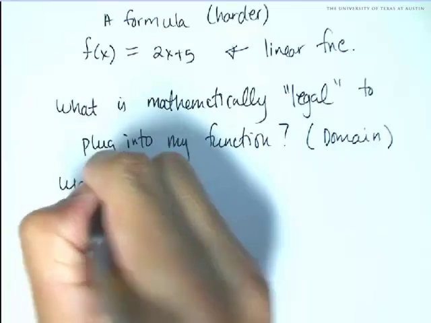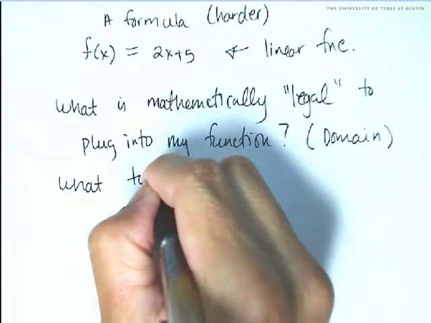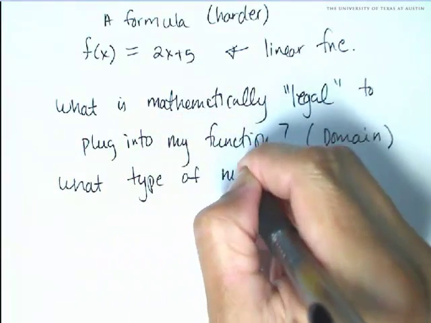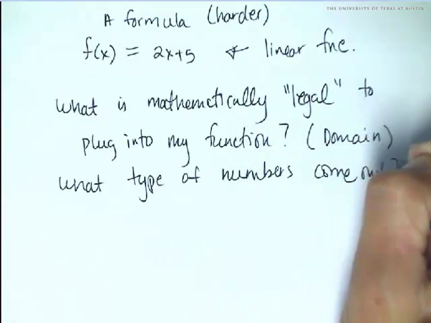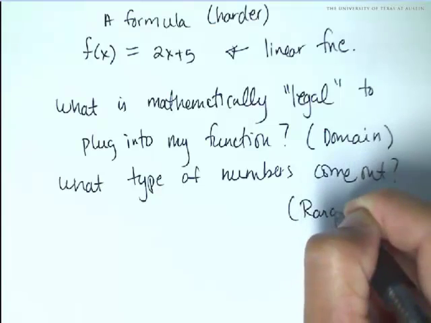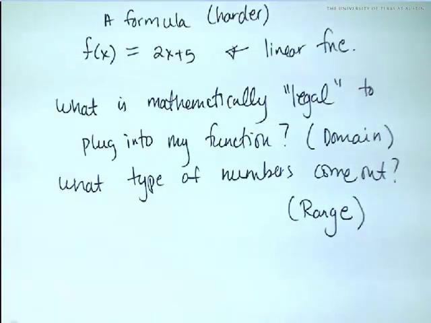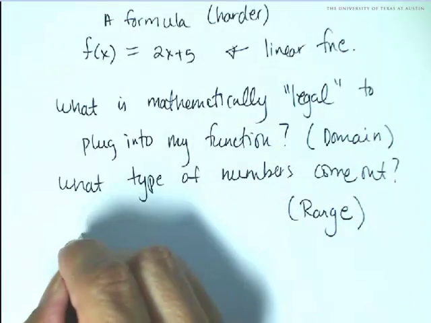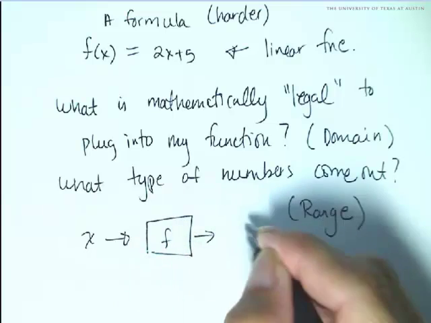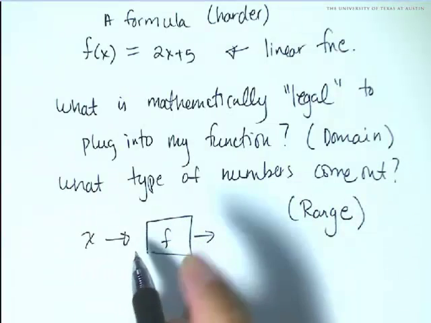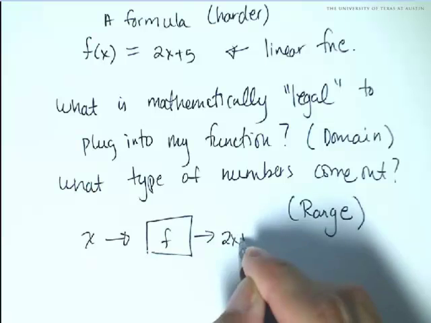And then second, what type of numbers come out? And that answers the range question. So I look at this example. Let's draw a little function box because sometimes pictures help us put things together. x is my input that goes in, and out comes 2x plus 5.